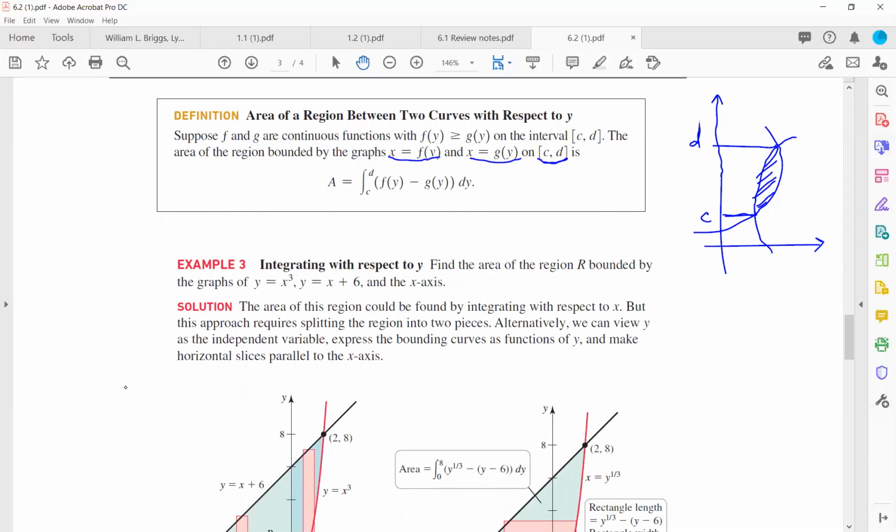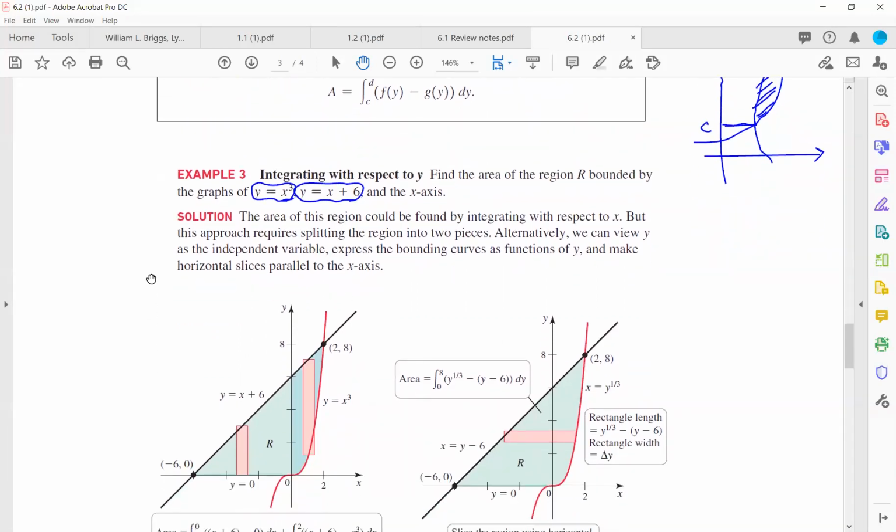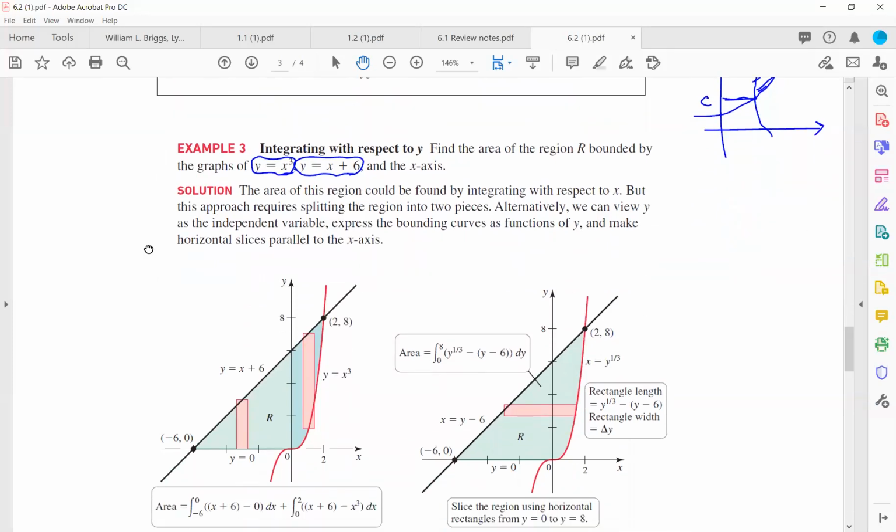Suppose you have two functions, y equals x cubed and y equals x plus 6. Question says, find the area of the region bounded between these two functions and the x-axis. First of all, let us graph these two functions, see what's going on.